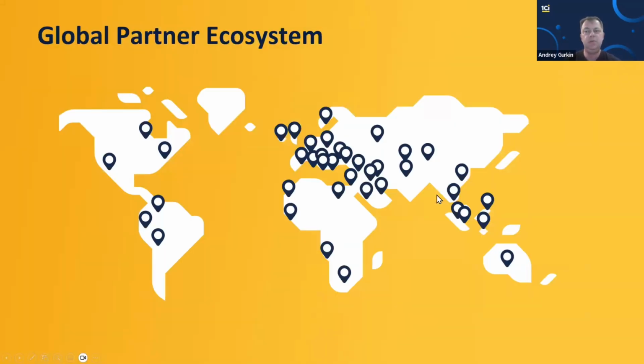Here you can see, of course, a little bit simplified map, but I think you can understand that we have our partners and projects all over the world: Europe, Africa, Australia, Indonesia, APAC, North America, Latin America, etc.